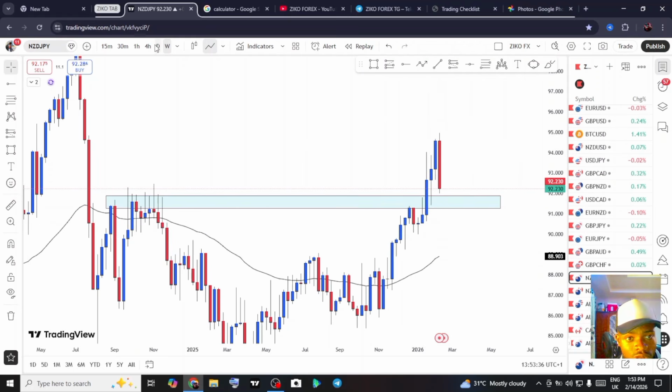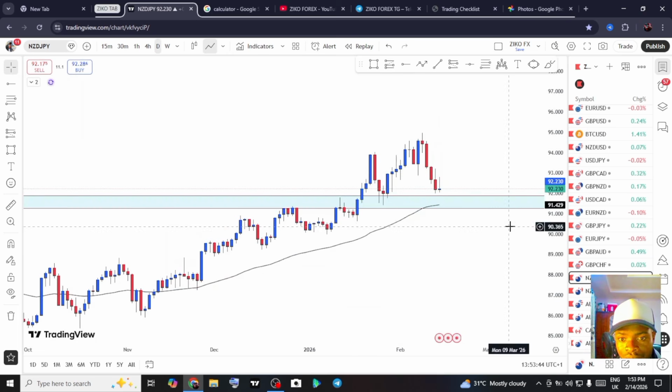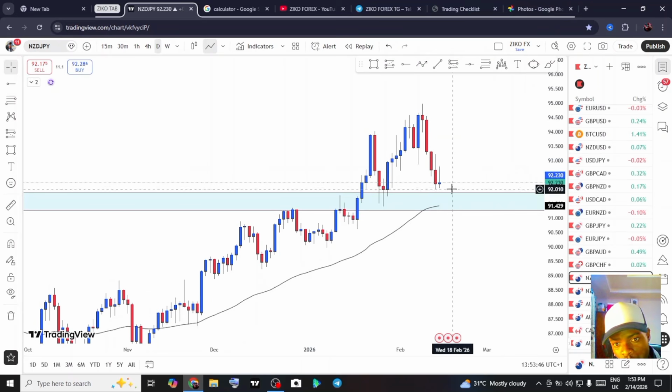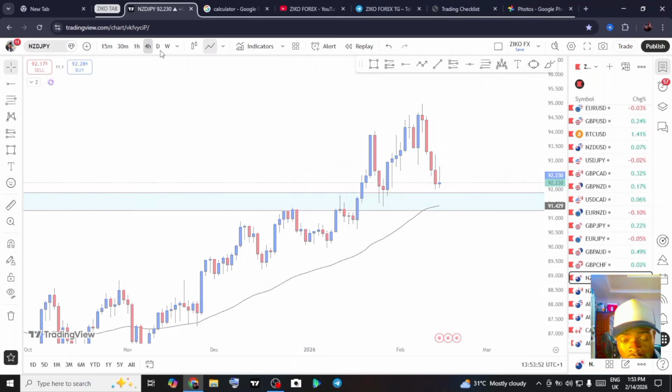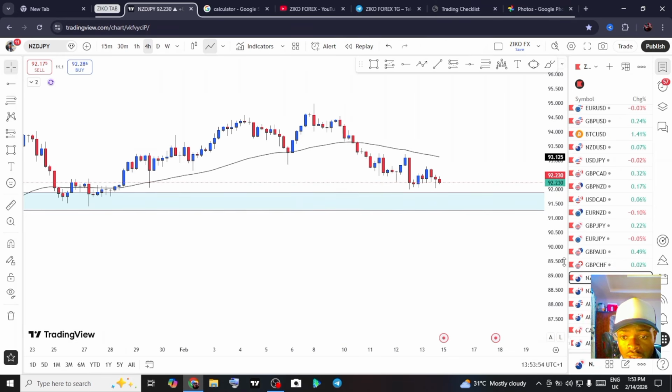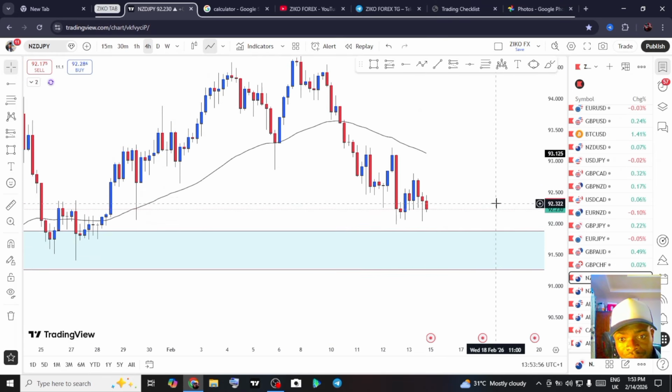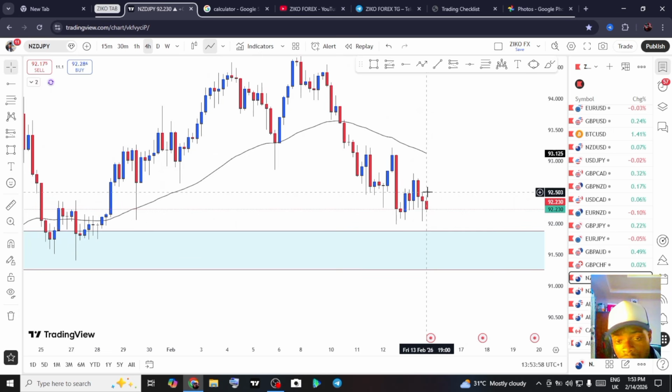So it's very possible that price might still come back to this level and slow down first before we actually buy. The daily time frame, we don't know. We just have a doji, which means it's slowing down, but we don't know if it's going to buy. Let's see how the 4 hour looks. 4 hour time frame is still clearly bearish.